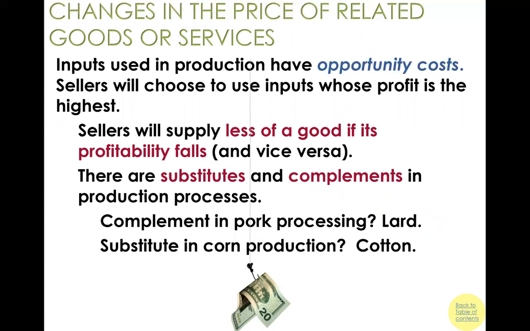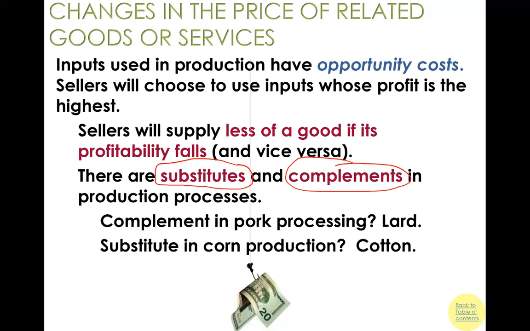So here, the key thing is we need to differentiate their relationship, whether it's a substitute or a complement. This substitution and complementarity is similar, but not the same as in the demand side. Just to remind you how the demand side looks like. What is substitute in demand side?